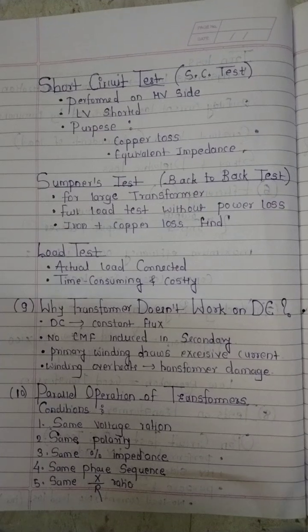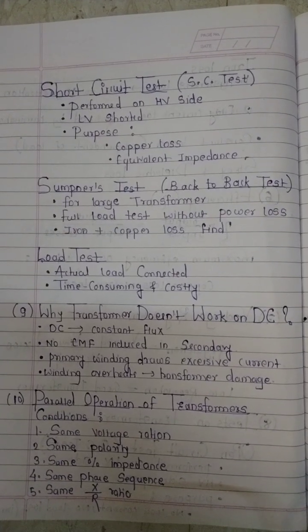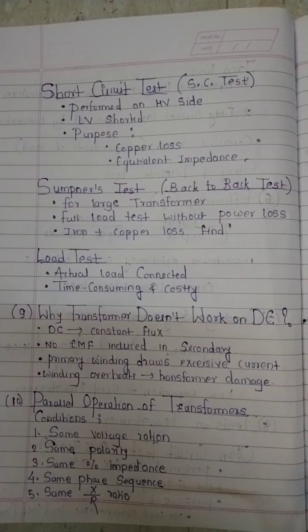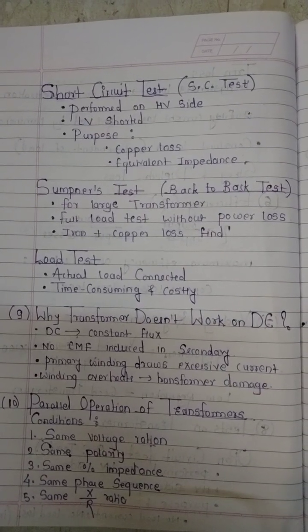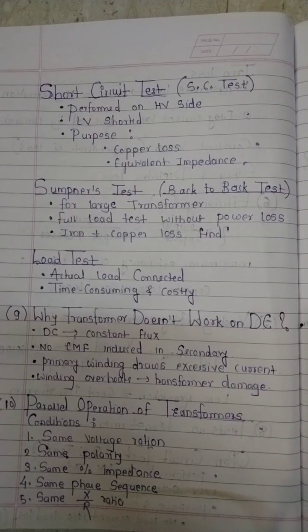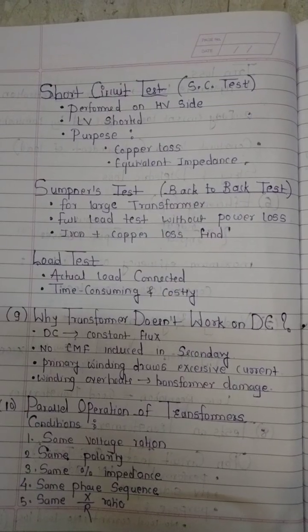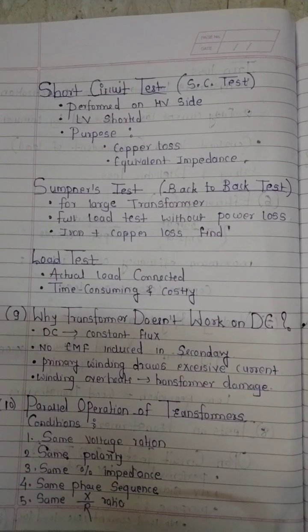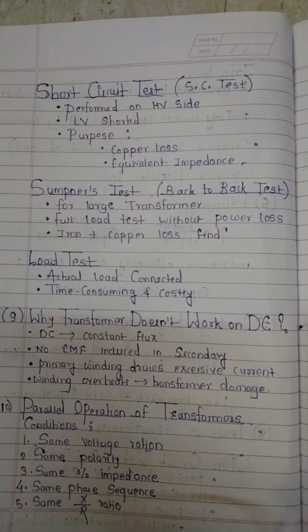Okay, why does a transformer not work on DC? In DC there is a constant flux, so no EMF is induced in the secondary. The primary winding draws excessive current and the winding overheats, so the transformer can get damaged. What is parallel operation of transformer? What are the conditions?